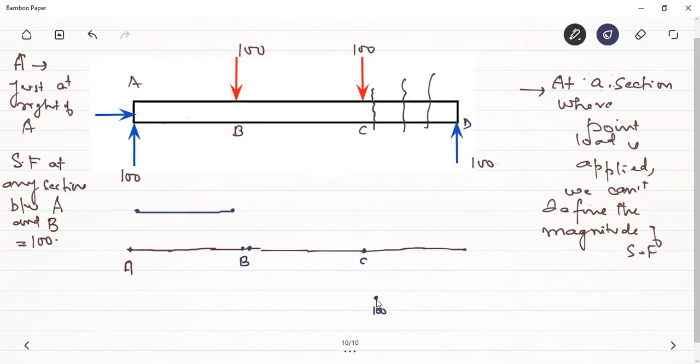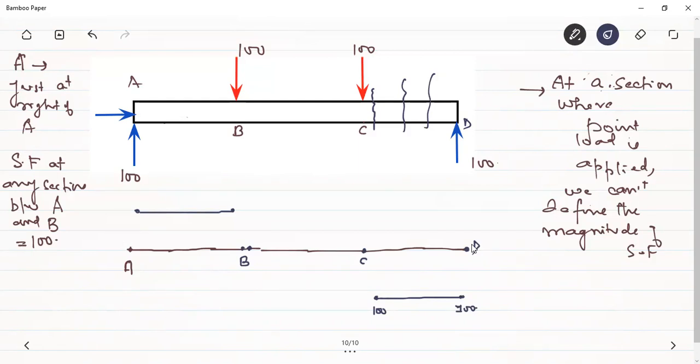Therefore, it will go on. This is D. This is just to the left of D. We have minus 100. Now here, it is again 100. At D, I can't say what is the shear force. That I can't exactly predict.